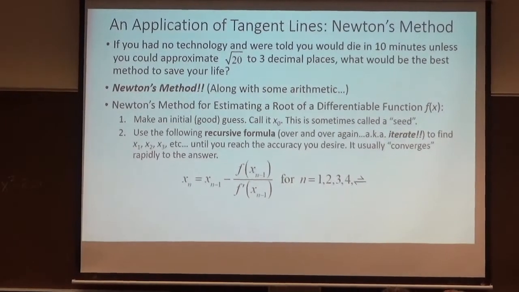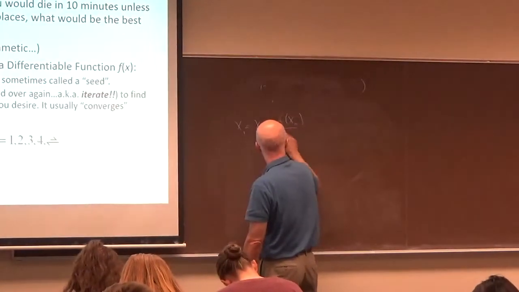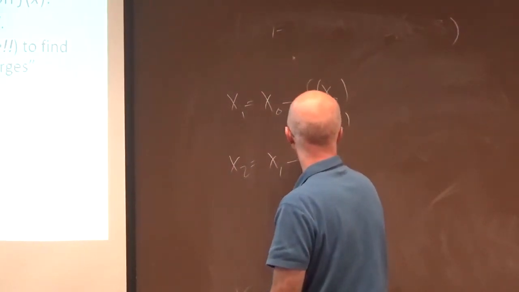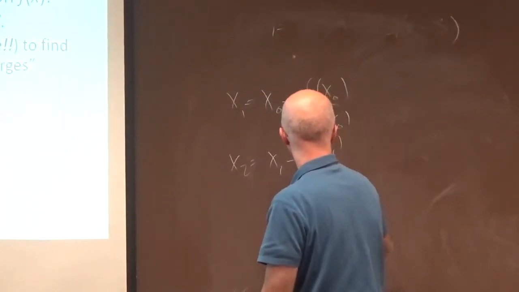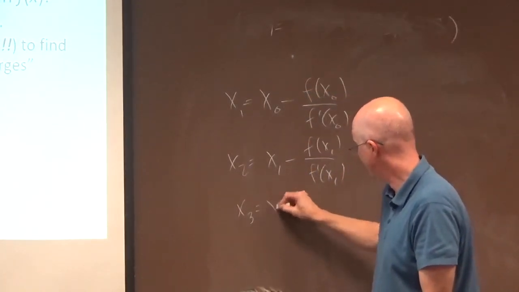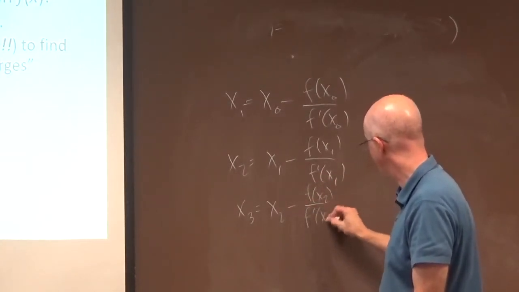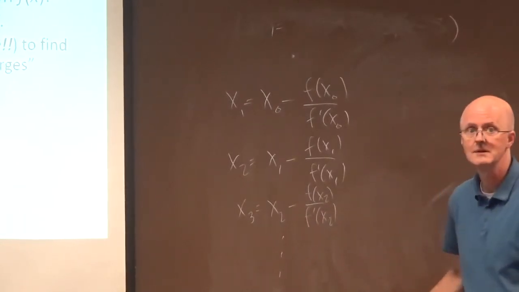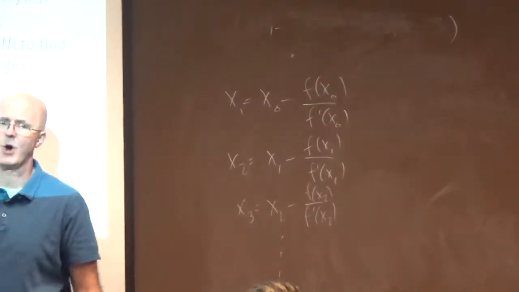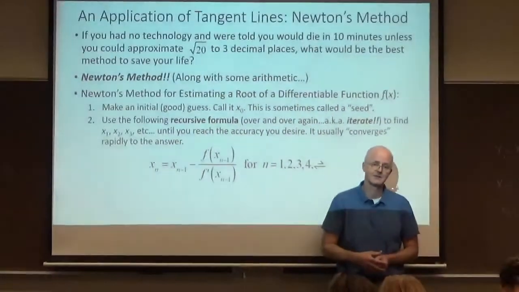Write this on the board here. x1 equals x0 minus f of x0 divided by f prime of x0. x2 equals x1 minus f of x1 divided by f prime of x1. x3 equals x2 minus f of x2 divided by f prime of x2, etc. This is called a recursive formula. It's something you use over and over and over again until you're just either tired of it or you get the accuracy that you want.